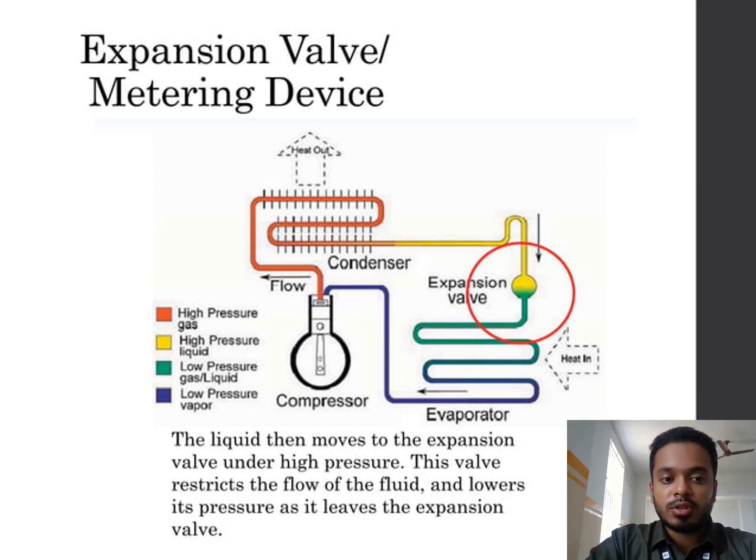Then it goes to the expansion valve or metering device, where the gas that was turned into liquid by the condenser moves to the expansion valve under high pressure. This valve restricts the flow of the fluid and lowers its pressure as it leaves the expansion valve.